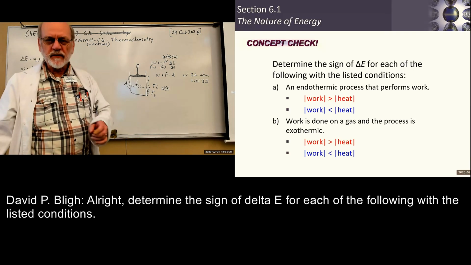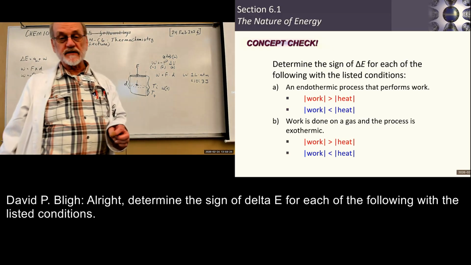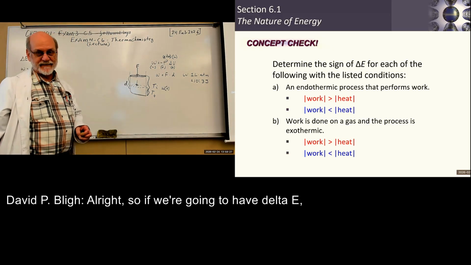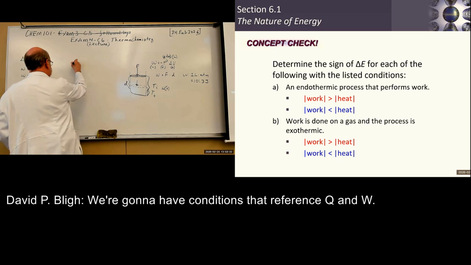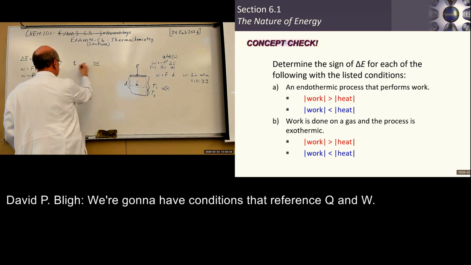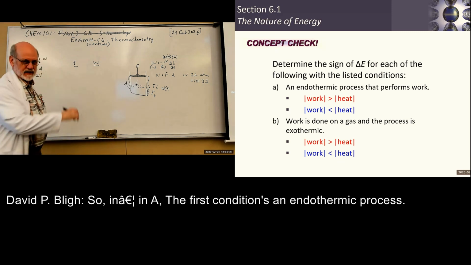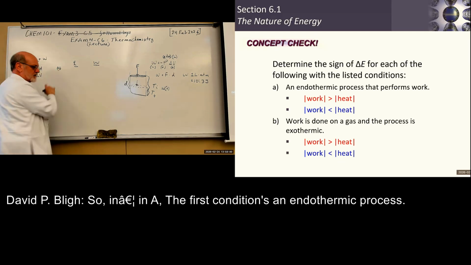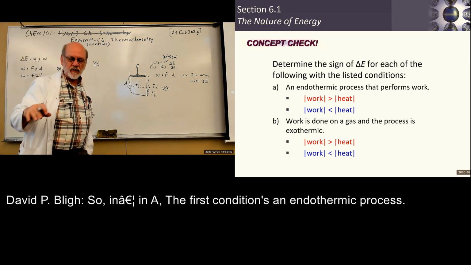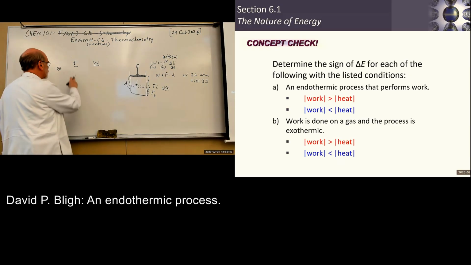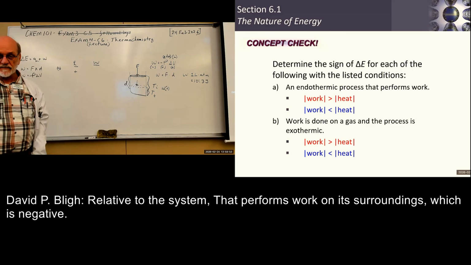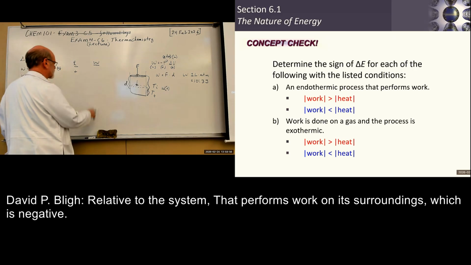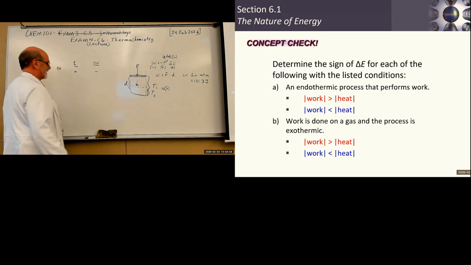All right. Determine the sign of delta E for each of the following with the listed conditions. So if we're going to have delta E, we're going to have conditions that reference Q and W. So in A, the first condition's an endothermic process, which means Q is positive, relative to the system that performs work on its surroundings, which is negative.